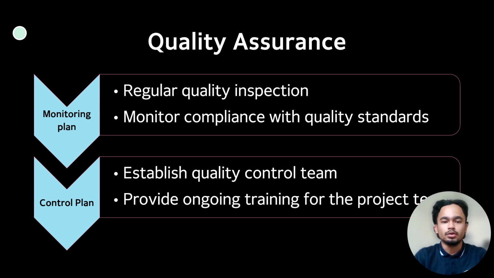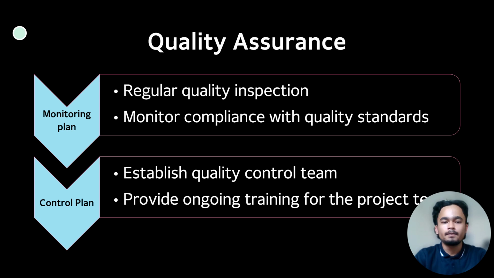Next, we will go to quality assurance. For the monitoring plan, conduct regular quality inspection to ensure that the AHU unit that is installed at the site is able to operate with minimal risk of failure, and then monitor compliance with quality standards.